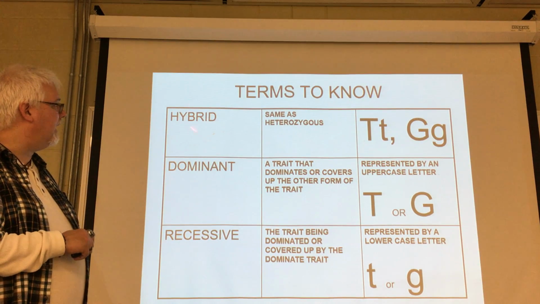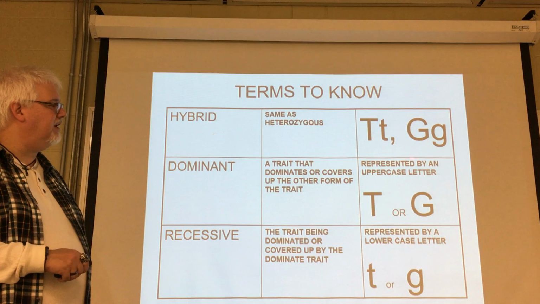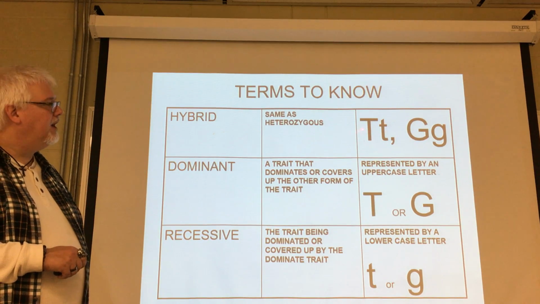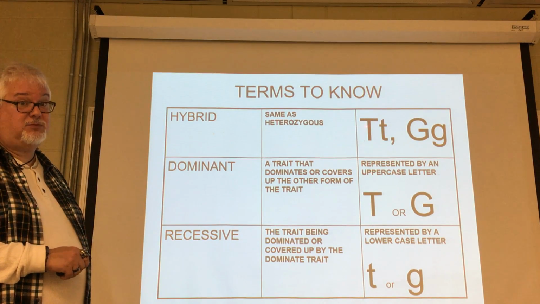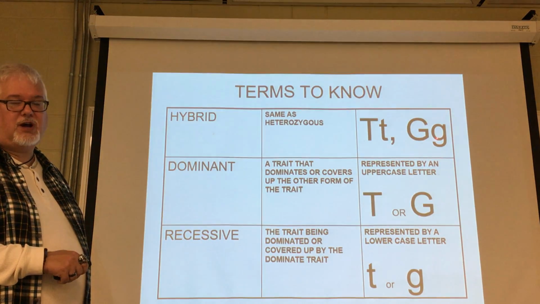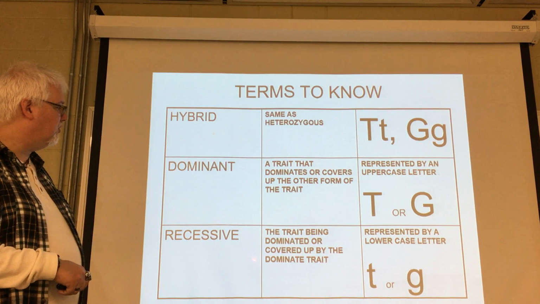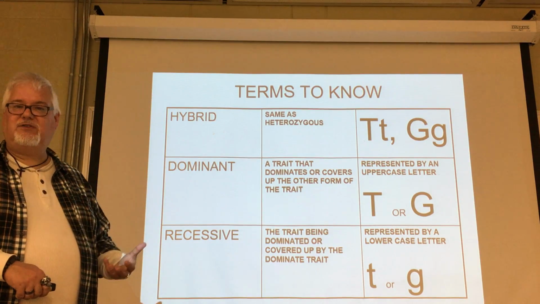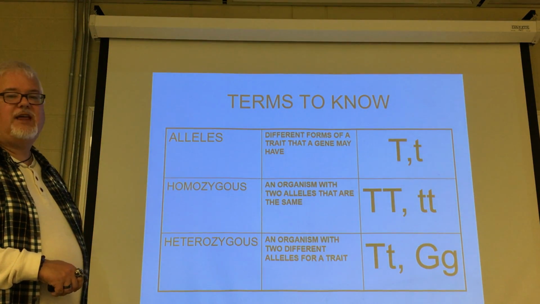So in other words, if you are a hybrid, a heterozygote, so in this example, capital T, lowercase t, or capital G, lowercase g, even though the lowercase t is present, the capital T dominates it, and this version of the trait is the only one that's expressed. In the other example, the capital G dominates or covers up the lowercase g, and this version of the trait is the only one expressed. So the only way that you can express a recessive trait is if you are homozygous for that recessive trait.